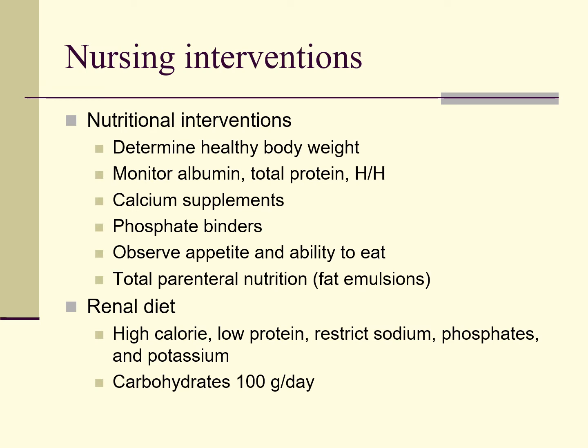So as far as nursing interventions for the acutely ill patient, we're done with CRRT. Let's look at some nutritional issues. The dietitians are great for the patient's age and size, what's the healthy body weight. They will help us monitor albumins and proteins, help with all the different supplements.